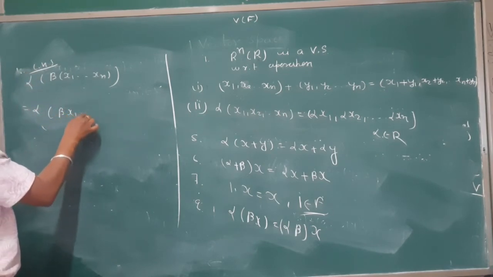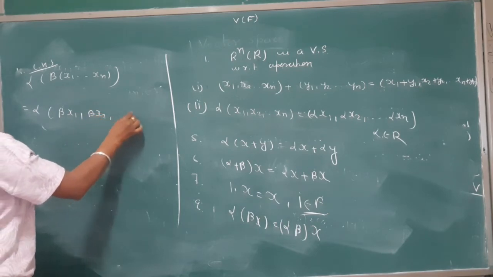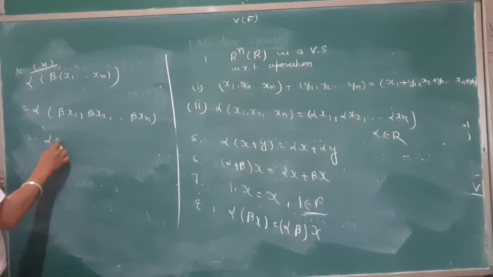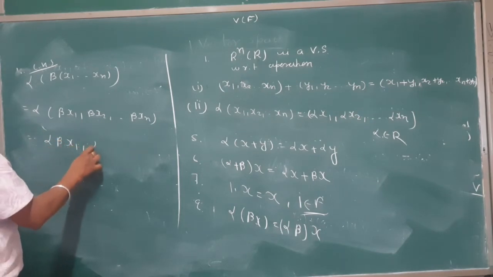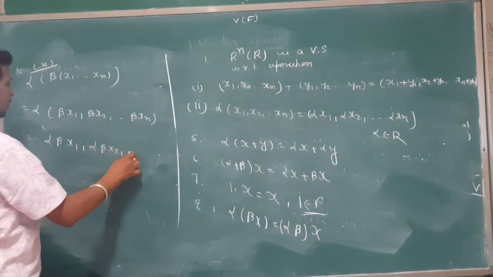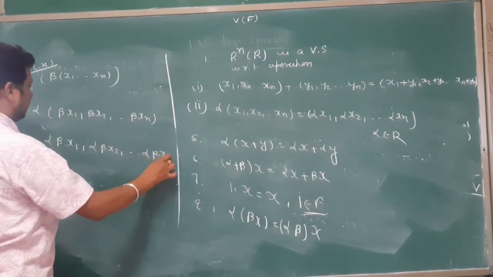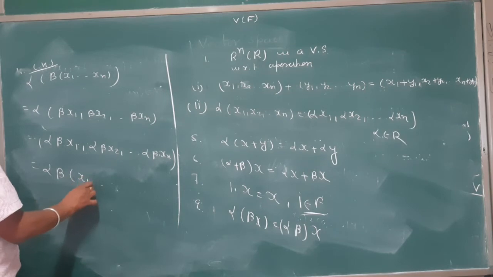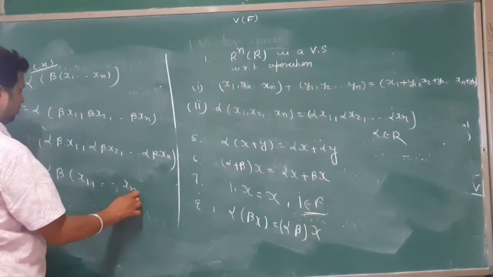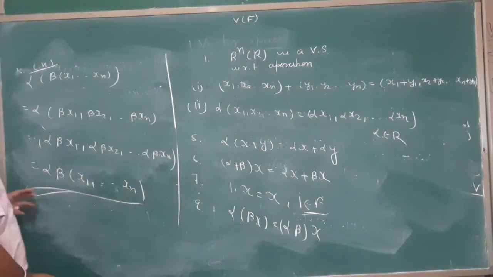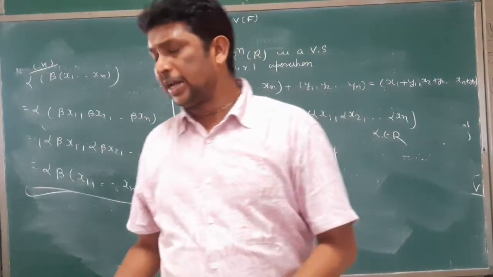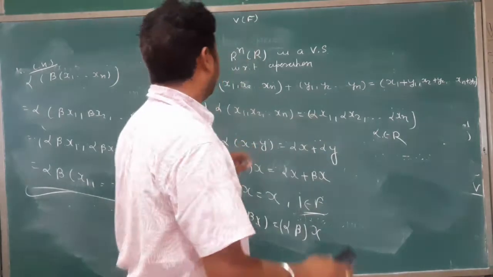Beta x1, beta x2, ..., beta xn. Now take alpha inside: alpha beta of x1, alpha beta of x2, ..., alpha beta of xn. Now alpha beta you can take outside. Over. This is your eighth property. So in this way we can tell Rn forms a vector space over R.